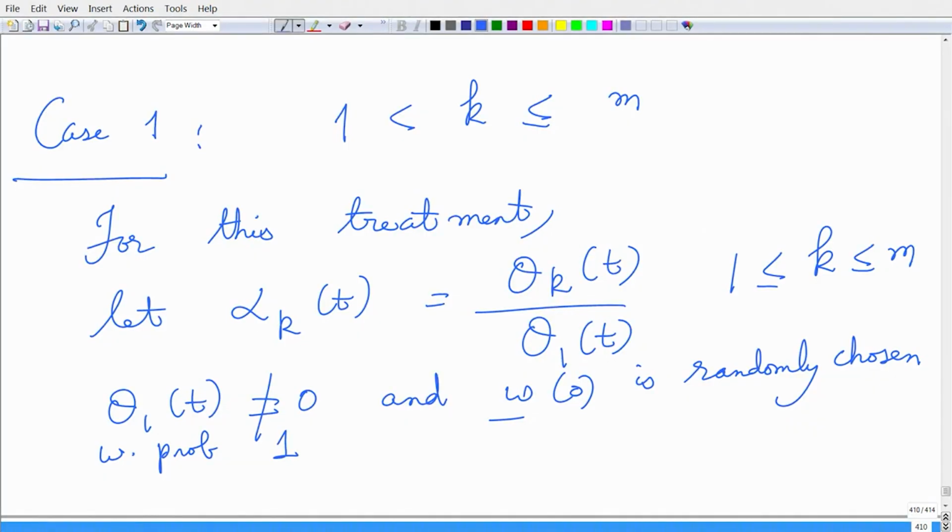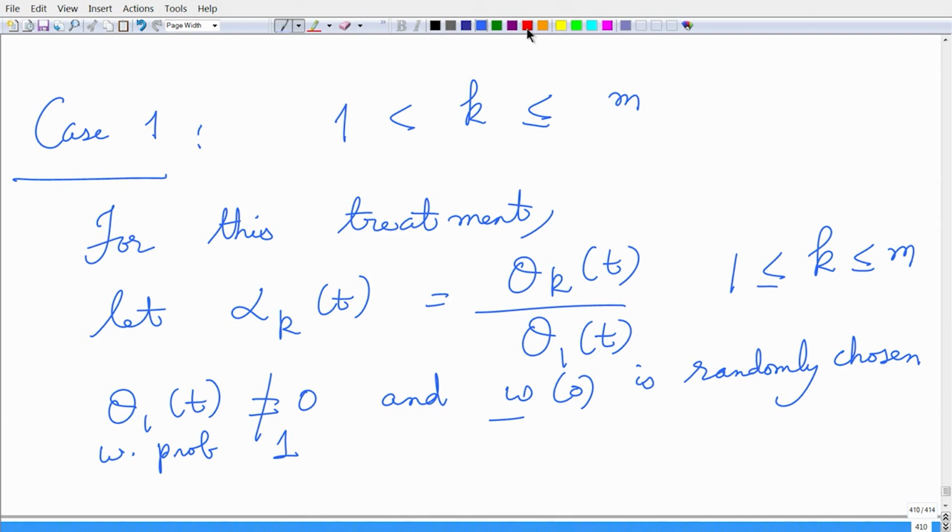The first case is when 1 is less than k less than or equal to m, and the other case is when k equals 1, right. So, let us discuss the case where 1 is less than k less than or equal to m.